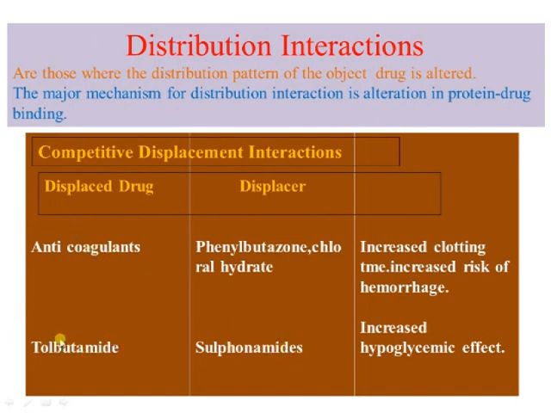Tolbutamide is a hypoglycemic drug. Sulfonamides, when given along with tolbutamide, can displace tolbutamide, and that free tolbutamide can give rise to increased hypoglycemic effects, especially in diabetic individuals. So these are displacement reactions as far as distribution of the drugs is concerned, especially to do with protein binding.